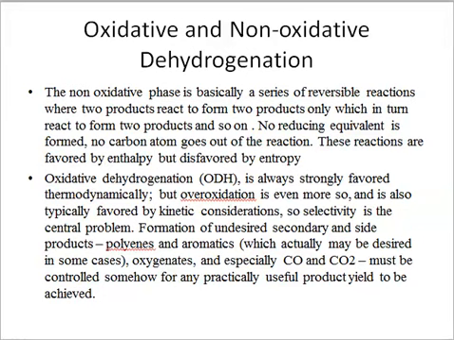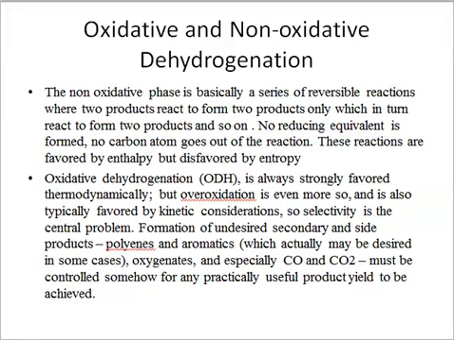There is no loss of carbon, so no carbon goes out of the reaction. The number of molecules in the reactants and the number of molecules in the products are the same.